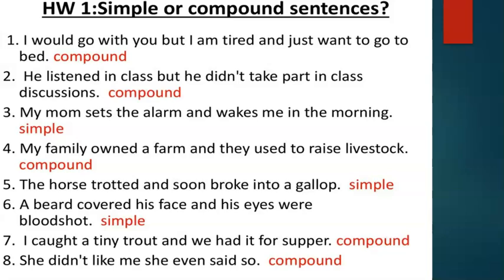A bird covered his face and his eyes were bloodshot. It is a simple sentence. The seventh: I caught a tiny trout and we headed for supper. It is a compound sentence. The last one is: as she didn't like me, she even said so. It is a compound sentence.